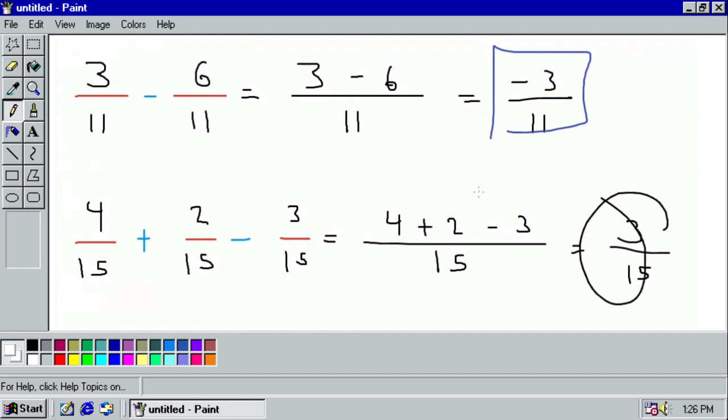Since we can simplify this, since both of them are multiples of 3, let's have some space here. 3 times 1 and 3 times 5. As you can see, the 3's cancel, giving us 1/5. So 1/5 will be our final answer.